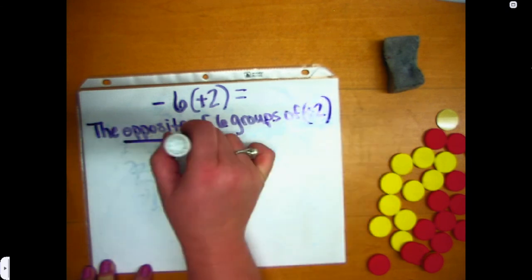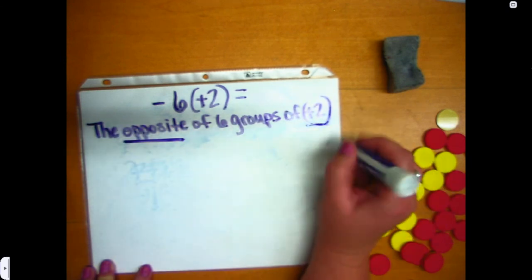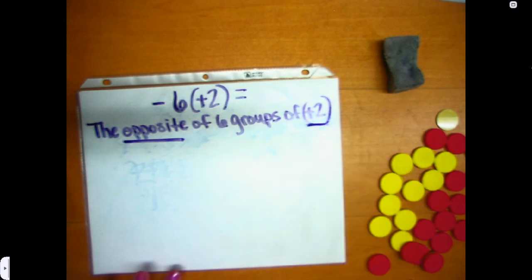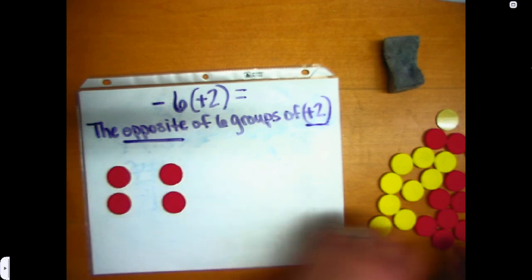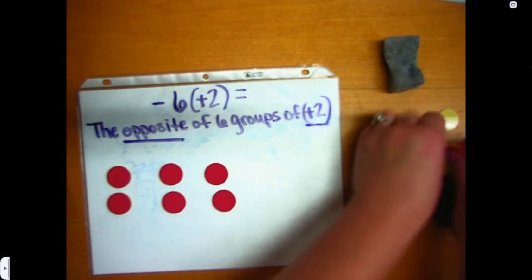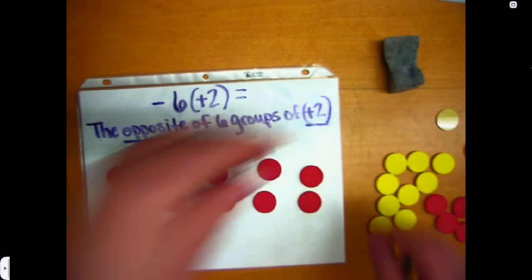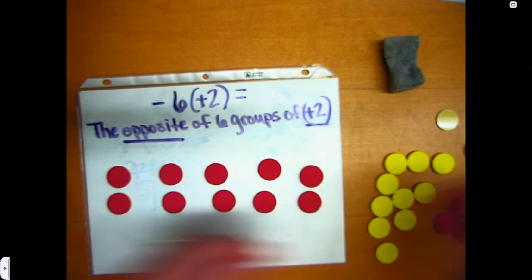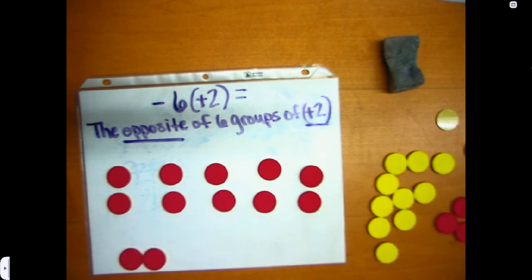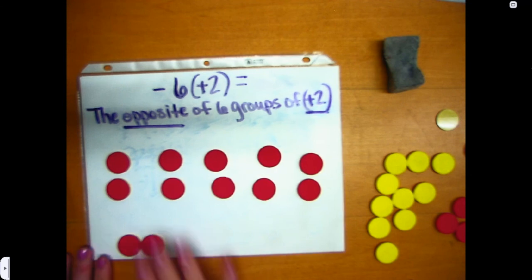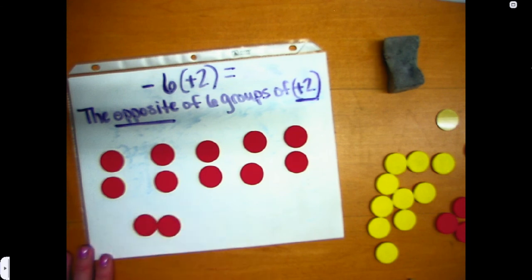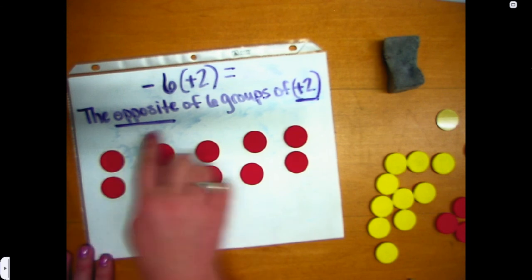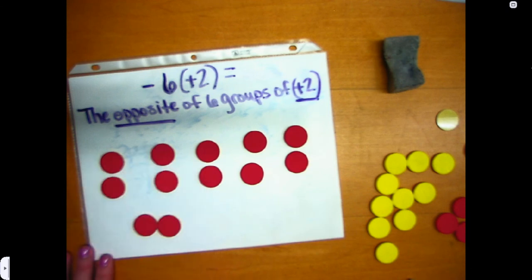So if I need the opposite of +2, then I'm going to use red counters. So 2, 2, 2, 2, 2. I need one more group. 2. Okay, so let's see. Do I have 6 groups? 1, 2, 3, 4, 5, 6. I do have 6 groups. Do I have the opposite of +2? They're red, so they are the opposite. So my answer here is -12.